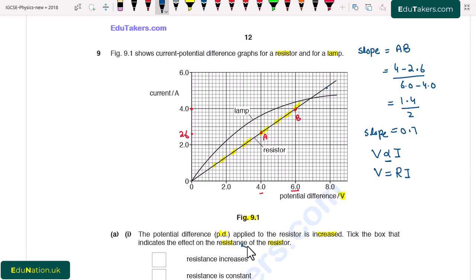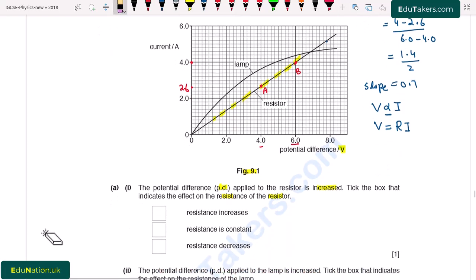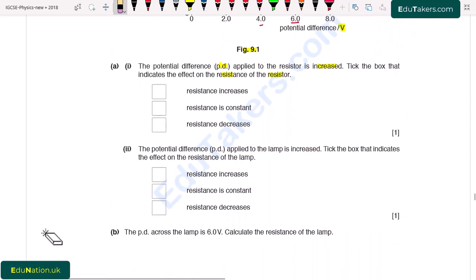So I write here resistance increase, resistance is constant, or resistance decrease. So in the case of resistor, the resistance remains constant. I tick the second box.